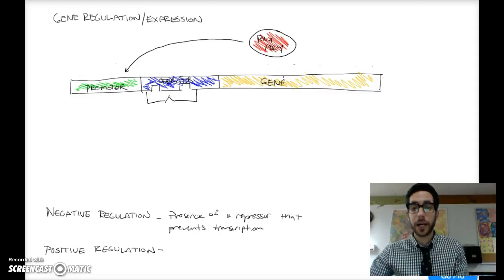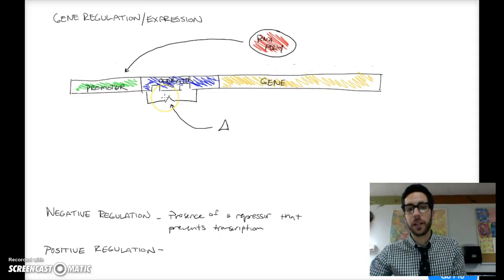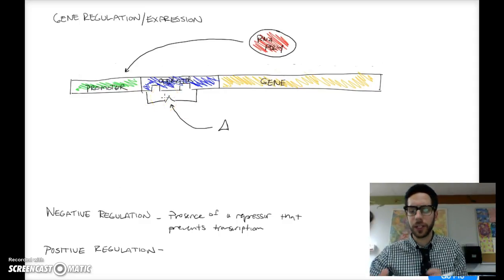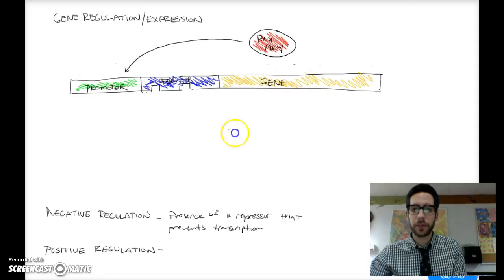Now, it is possible, because we do need lactase at times, that if lactose becomes present, let's say we drink a glass of milk, it can bind to this regulatory protein and change its shape conformationally, much like in enzymatic activity. And so whenever lactose is present, it can bind to this site, cause a conformational change in that regulatory protein, and then cause it to be removed.